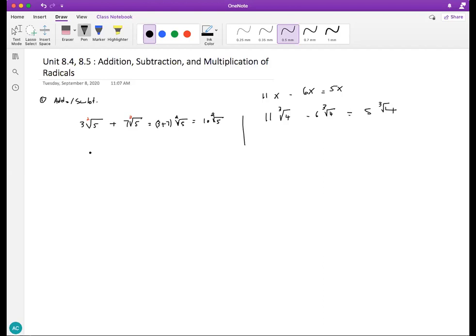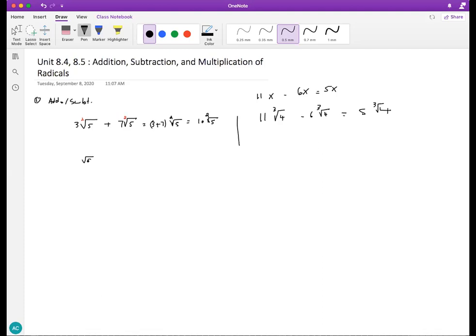Now let's look at another example. Say we have radical 9 plus 3 and maybe radical 8. Here we have another example of adding 2 radicals.